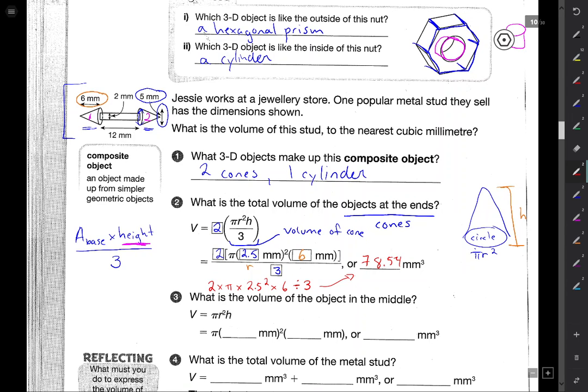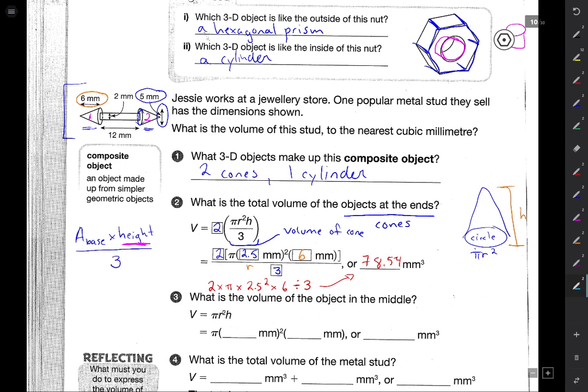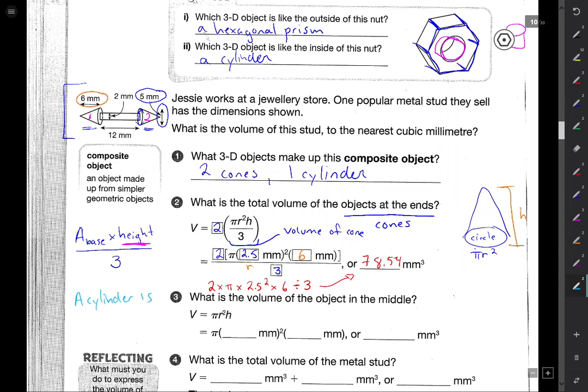So the volume of a cylinder, remember that a cylinder is a prism. A cylinder is a prism. So the volume of any prism is just the area of the base times the height. If we're looking at a cylinder, the base shape of a cylinder is also a circle.